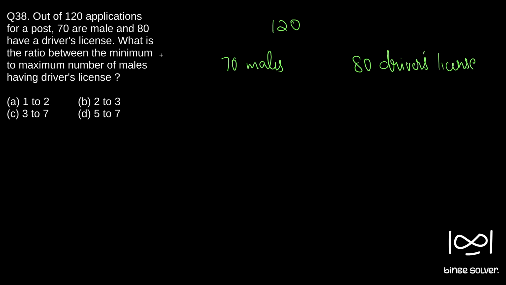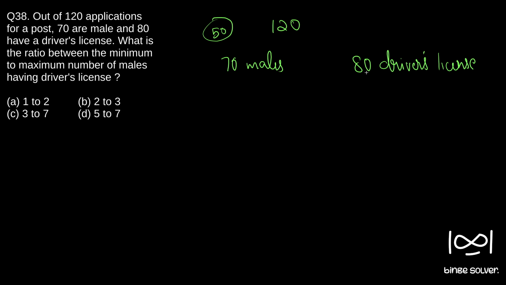To get the minimum number of males, out of the 80, let's say the minimum number of males has to be included in this 80. How is that possible? If 70 are male, then 50 people are non-males, so females. To have the minimum number of males, we should say that all these 50 have a driving license.